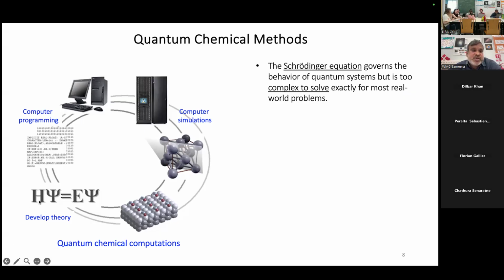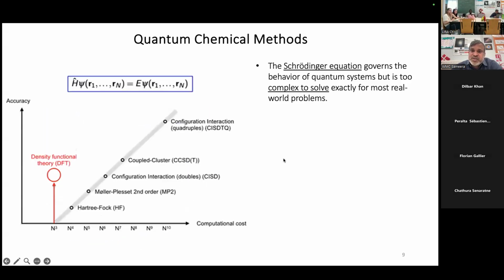In the Schrödinger equation, there are important terms. This is the Hamiltonian operator. It has all the energy terms of the molecular system, and this is the wave function.